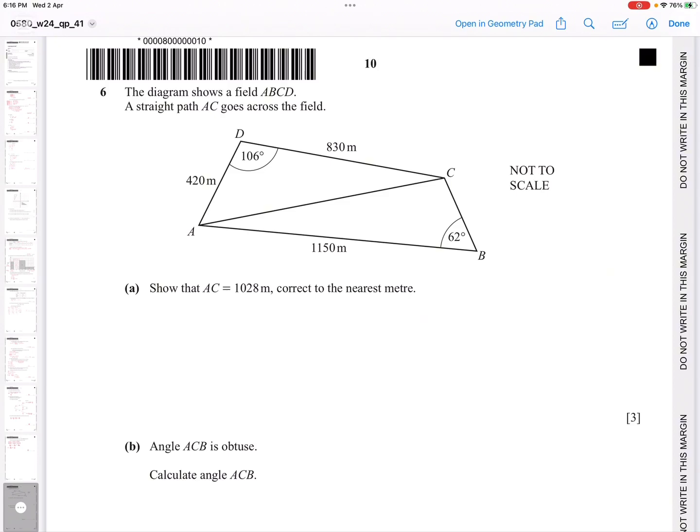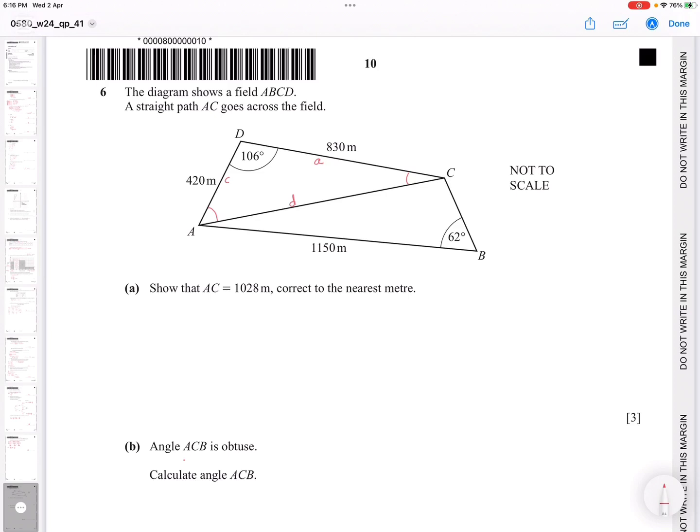Let me draw these. Opposite to capital D, the length AC would be small d. Capital A is the angle, and opposite to it is length DC, small a. Capital angle C is the angle, and opposite to it is the length AD, denoted by small c. So we are going to find small d, meaning the length AC.